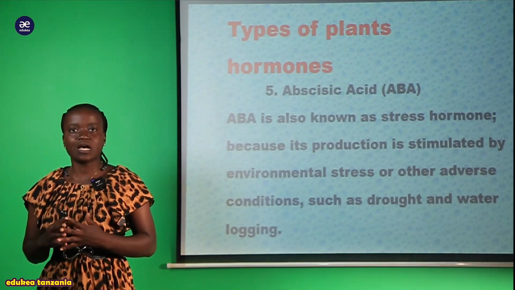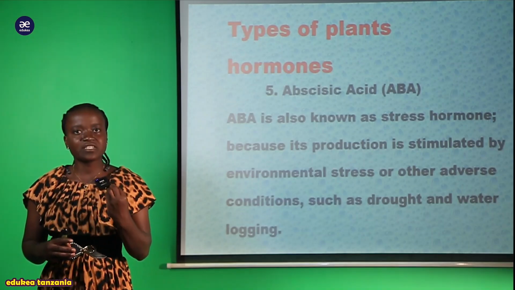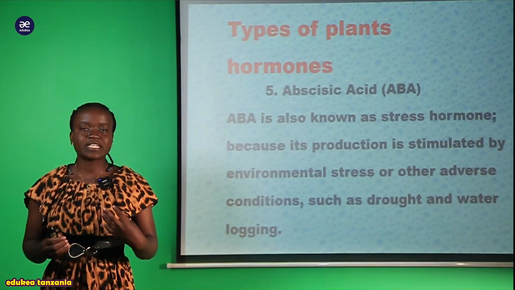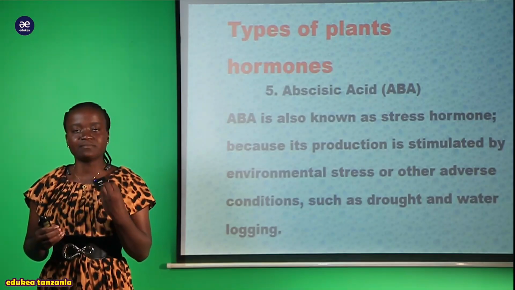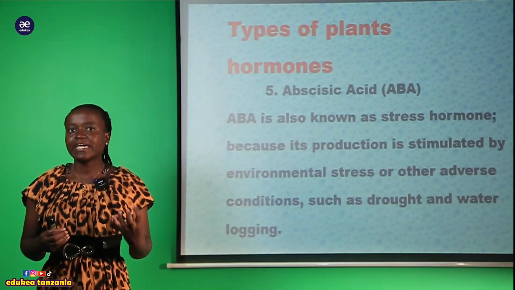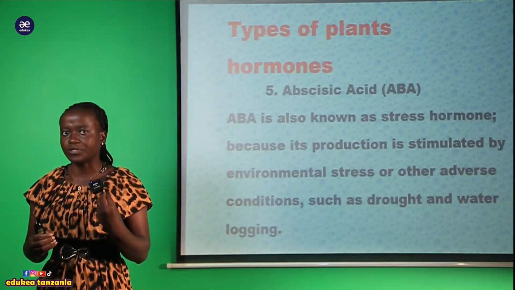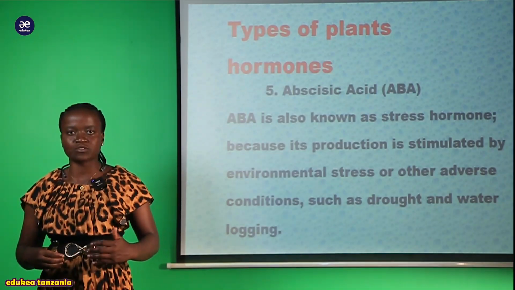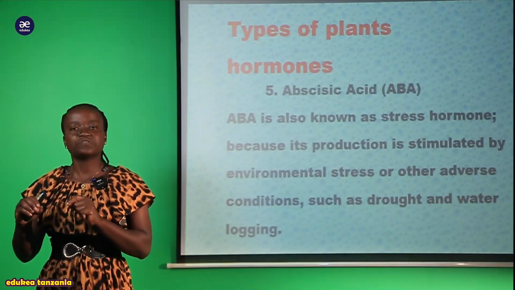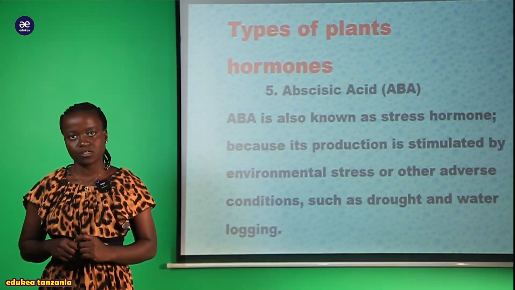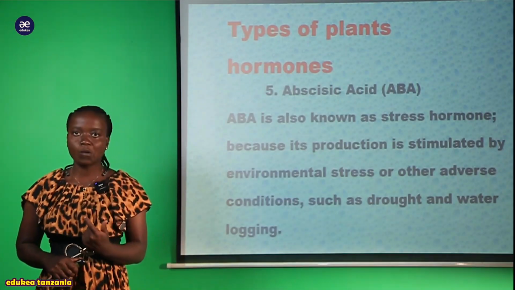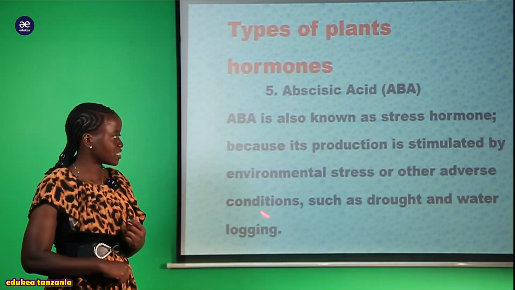What kind of stress are we talking about? The stress here is drought, which is experienced by a plant. Due to the presence of drought, this hormone is produced within a plant so that it can sustain that adverse condition. And that's why it is called the stress hormone. That is the reason.